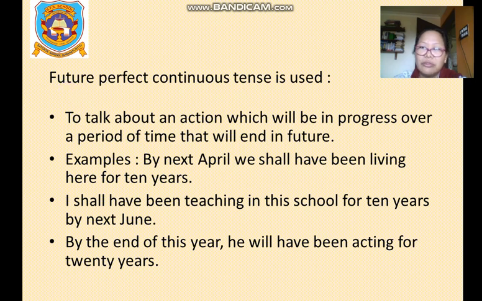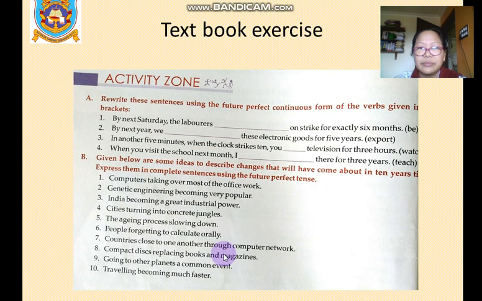Now there is some activity given in your textbook. This is the activity zone of your textbook, and we will do a little discussion of this activity. Look at the first exercise.